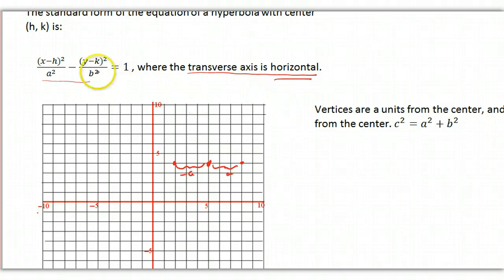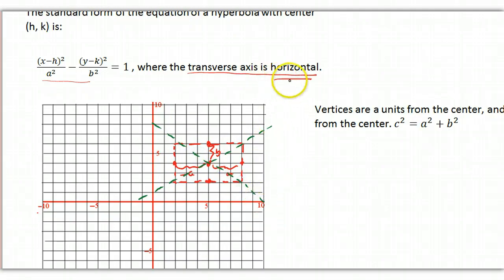And then I'm going to go vertically b up and b down. So that's b. And then I draw a rectangular box that contains those points. And then I draw asymptotes that connect the corners of my box and go right through the center.